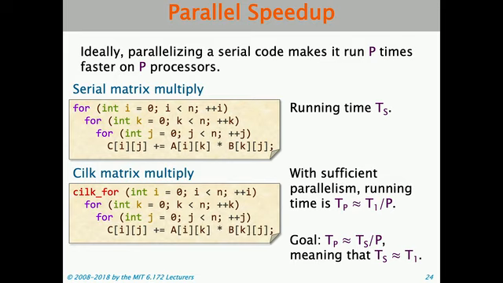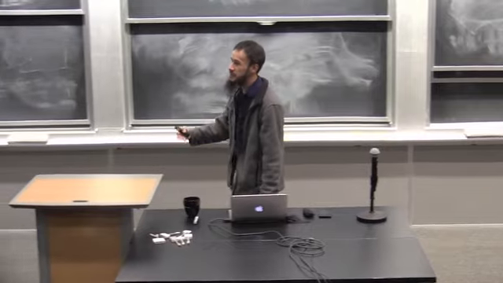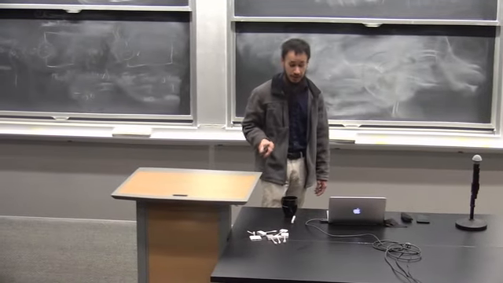And ideally, with sufficient parallelism, we're guaranteed that the running time is going to be T sub P proportional to the work over processors, T1 divided by P. But we really want speedup compared to T sub S. So that's our goal. We want T sub P proportional to T sub S over P. That says that we want the serial running time to be pretty close to the work of the parallel computation. So the one processor running time of our Cilk code ideally should look pretty close to the running time of the original serial code.